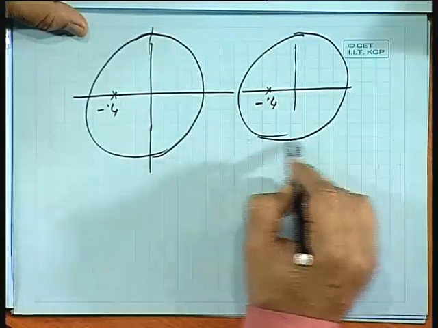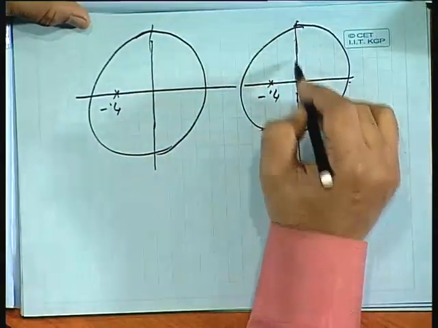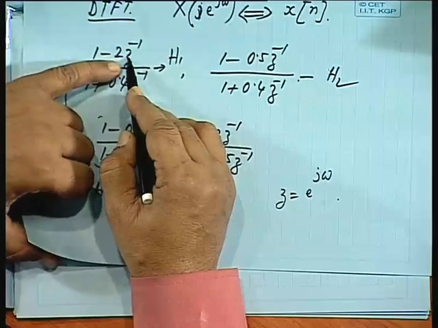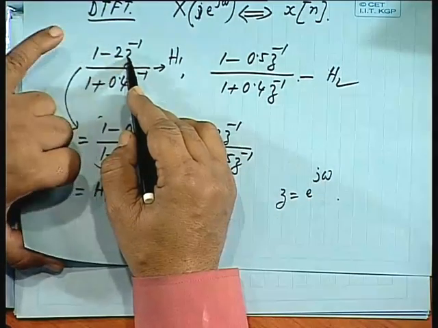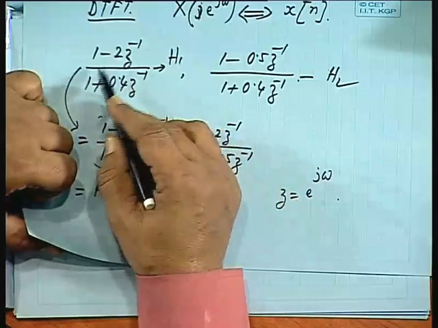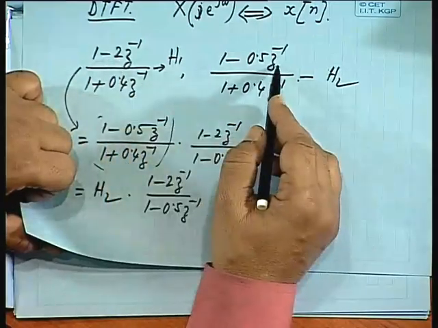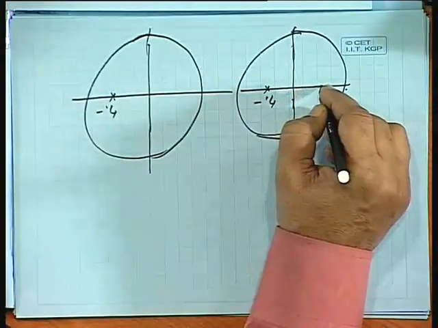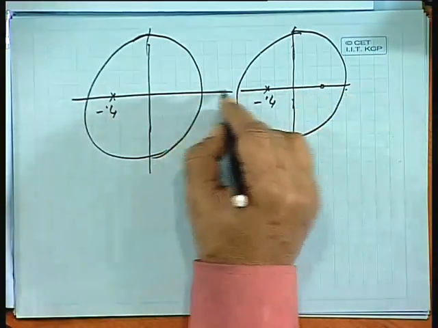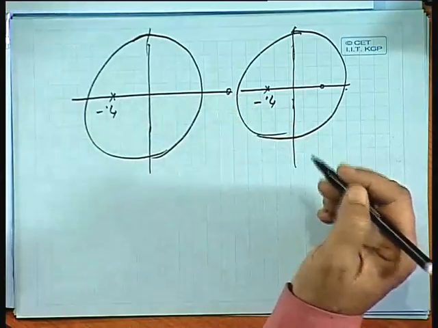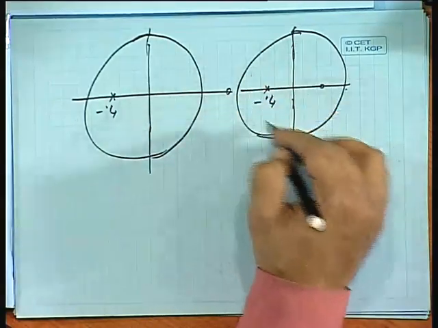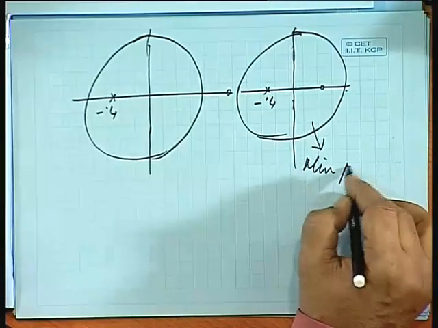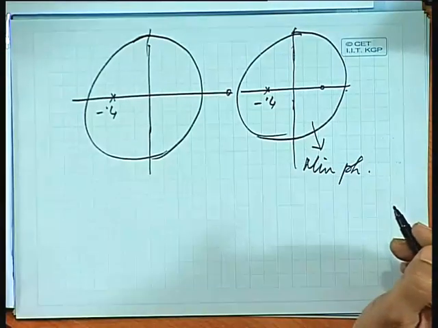Now, in the first case, where is the 0? Z is equal to 2 and here Z is equal to 0.5. So, 0 is at 0.5 in the one case, in the other case it is here outside. So, when poles and zeros are included within the unit circle, we call this a minimum phase system in the discrete domain, all right.